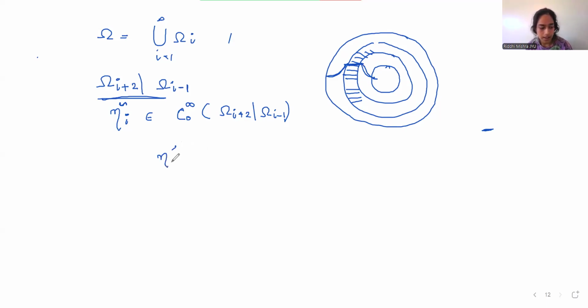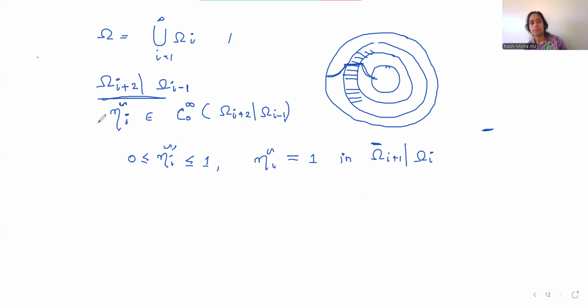And eta_i tilde is 1 in Omega_{i+1} minus Omega_i. You can find this kind of cutoff function by using partition of unity.